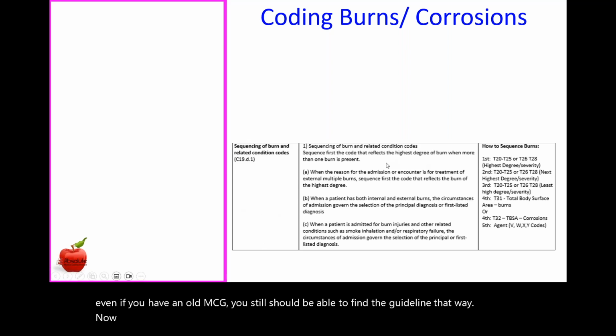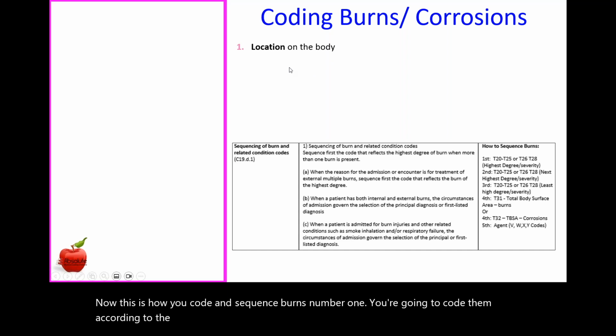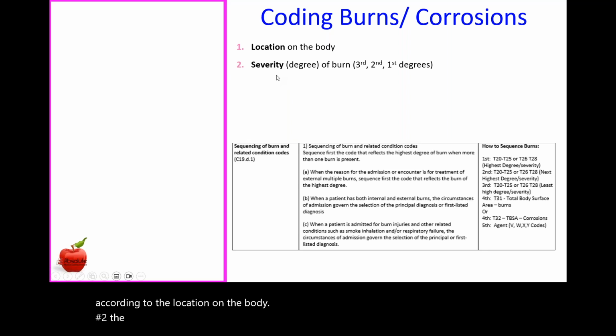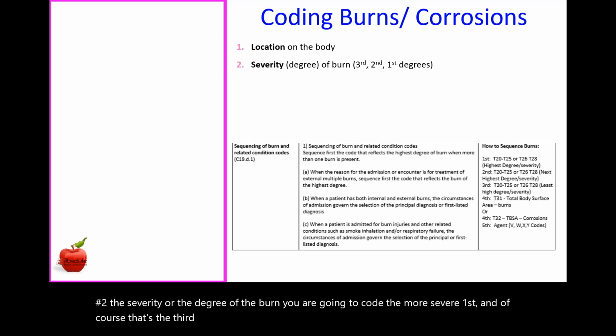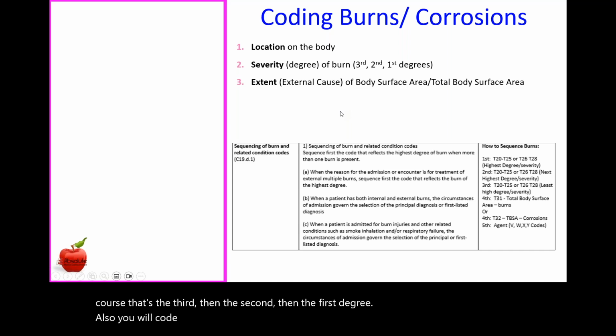Now, this is how you code and sequence burns. Number one, you're going to code them according to the location on the body. Number two, the severity or the degree of the burn. You're going to code the more severe first, and of course, that's the third, then the second, then the first degree. Also, you will code the extent of body surface area, the external body surface area or total body surface area.